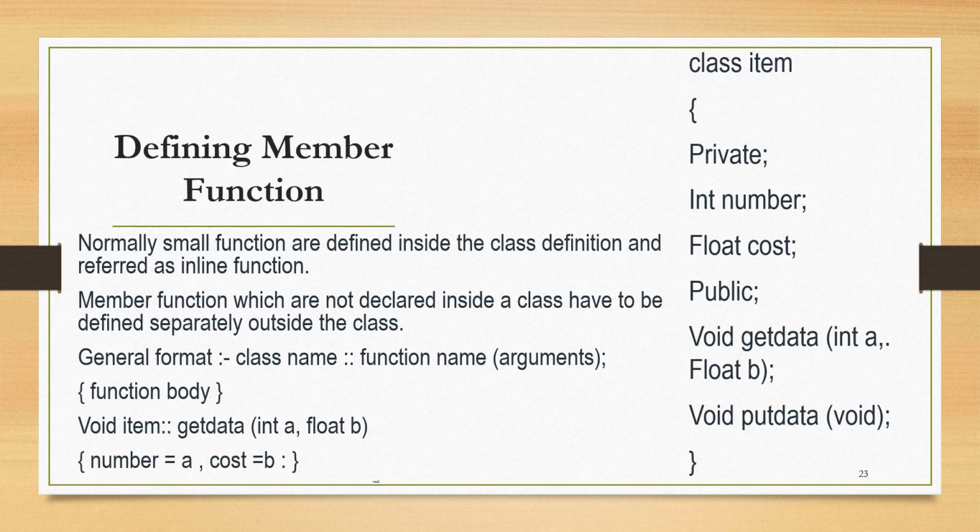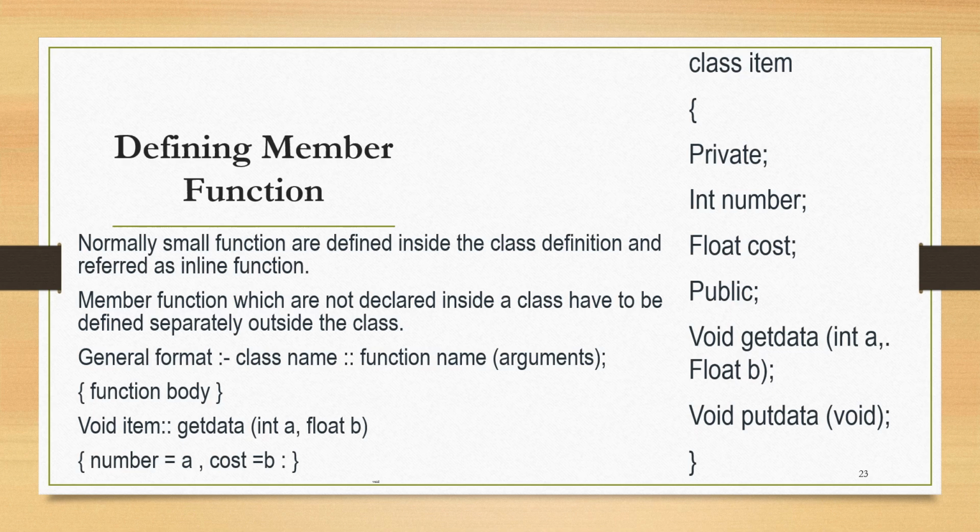Those are called inline functions. And if member functions are not declared inside the class, they have to be defined separately outside the class. If the functions are big, they have to be written outside the class. What is the format of those functions?